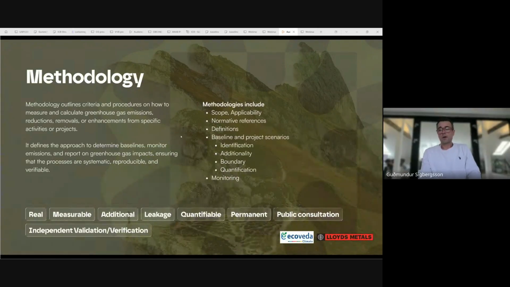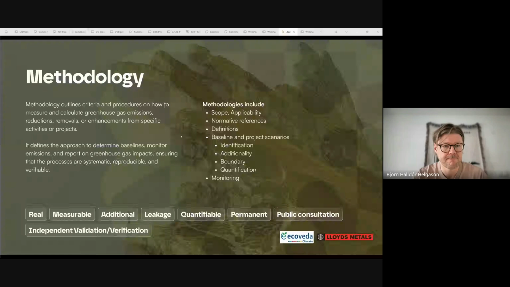So essentially, what is a methodology? A methodology outlines criteria and procedures on how to measure and calculate TST emission reductions, removals, or enhancement for specific activities or projects. It defines the approach for determining baseline, monitoring emissions, and reporting on TST impacts, ensuring that processes are systematic, reproducible, and verifiable. I often describe methodologies as being recipes for delivering the same output constantly.